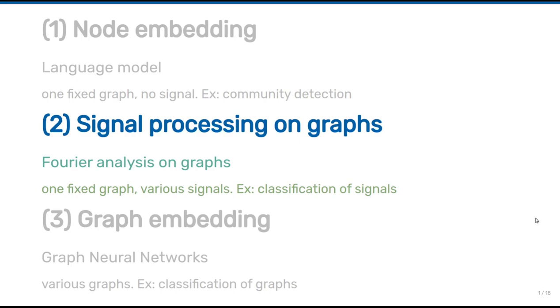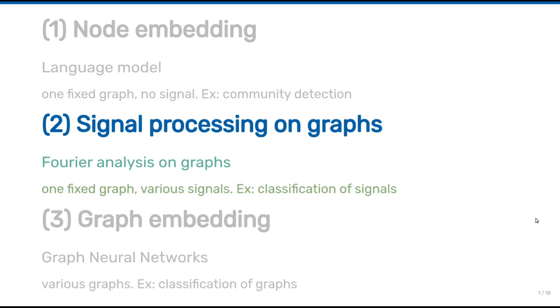The typical example of such one fixed graph with various signals is when the graph is a grid and each node corresponds to a pixel, and then the signal sitting on each pixel corresponds to the color of this pixel in RGB, typically, so with 3 channels.